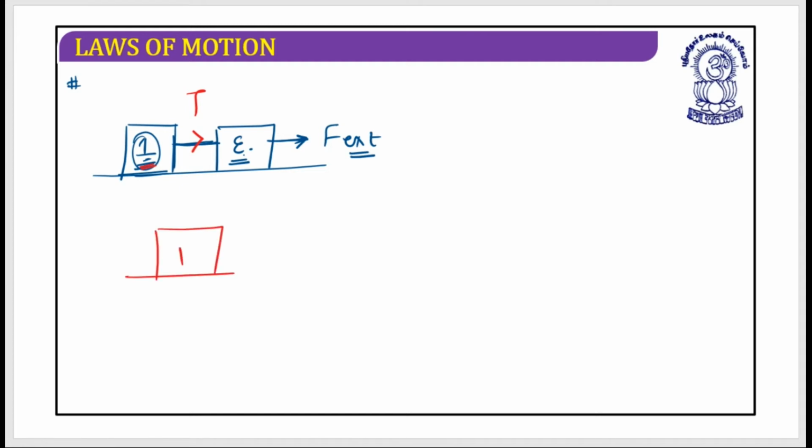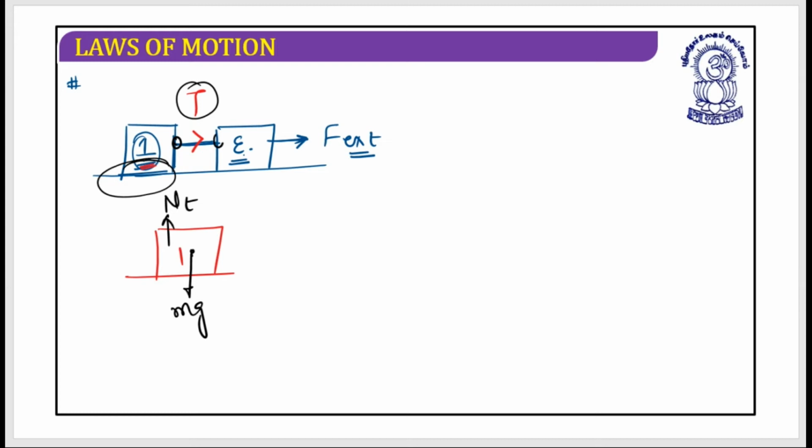Let's have an FBD of wagon 1. First thing you need to apply is mg. Second, these two are in contact, which means a normal force due to the table. And the third is a tension force. How do I come to know that tension force is acting?